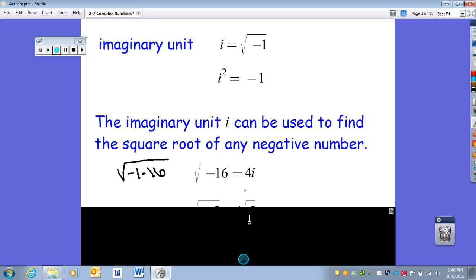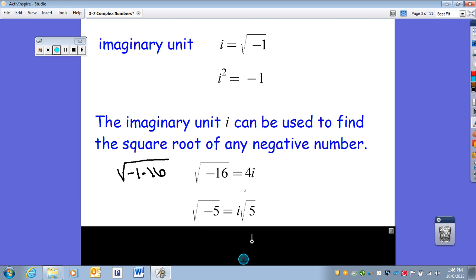We can also do that with this example where we have the square root of negative 5. So again, we can break that into two factors, which would be negative 1 times 5. And the square root of negative 1 is our imaginary unit i, and then we can't simplify the square root of 5 any further. So our final would be i square roots of 5.